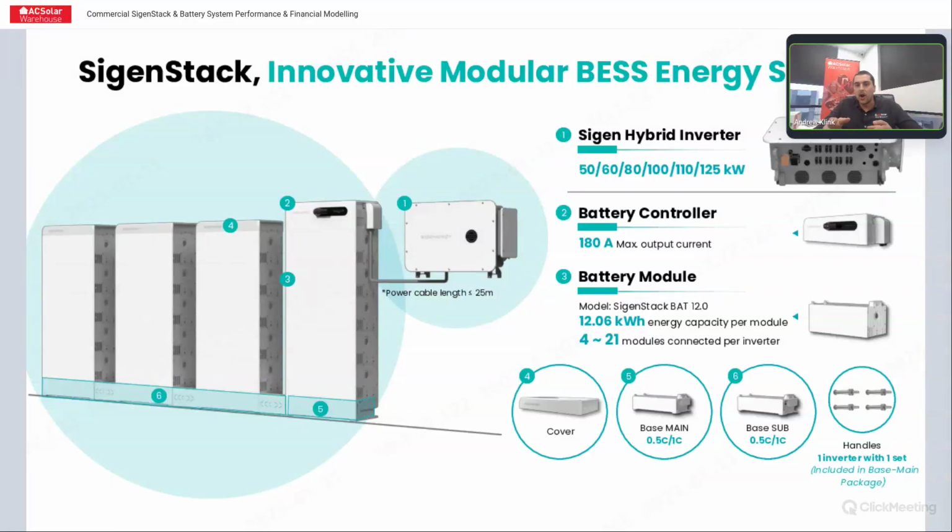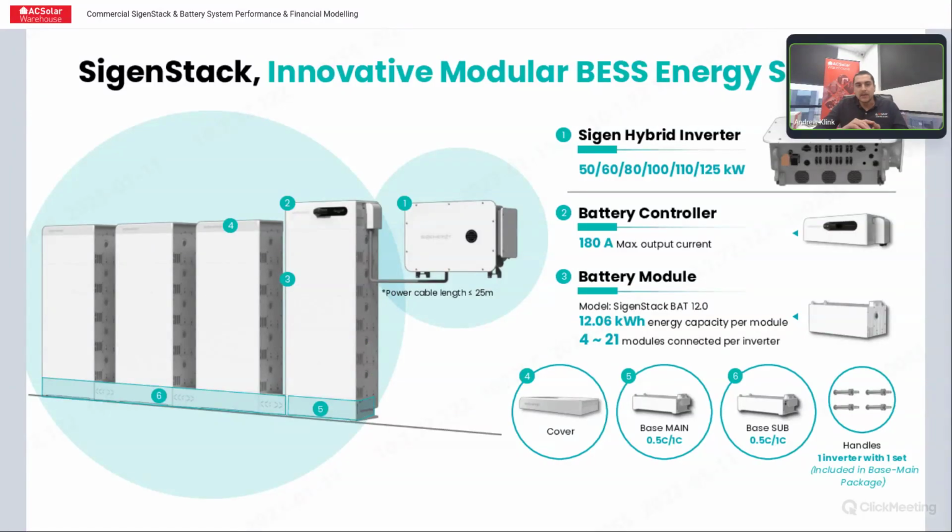Now, the hybrid inverter is then connected to the battery controller. That's basically the DC-DC converter between the battery stack and the inverter. Underneath the battery controller, we've got all of our 12 kilowatt hour battery modules.